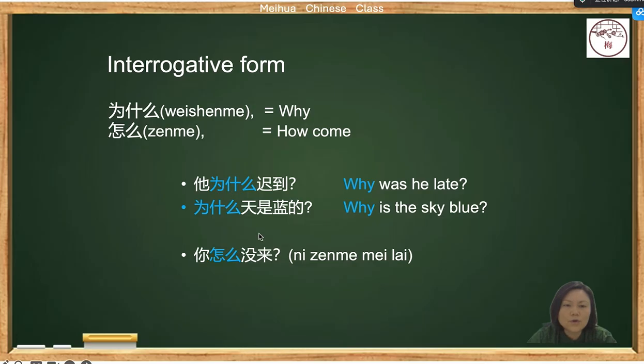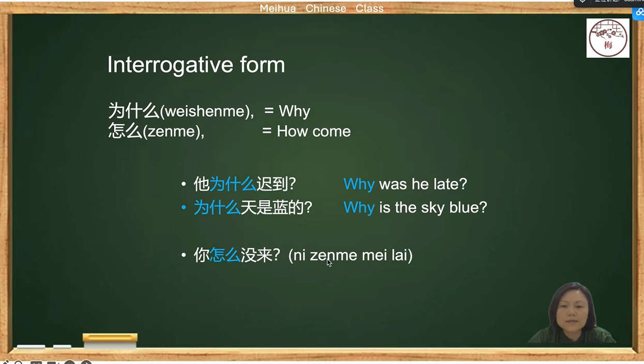For another one, 怎么, how come? 你怎么没来? 你 means you, 怎么 asks about the reason. 没来 means not come. 来 means come.